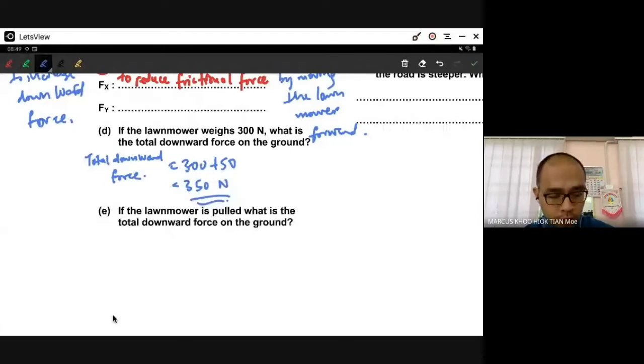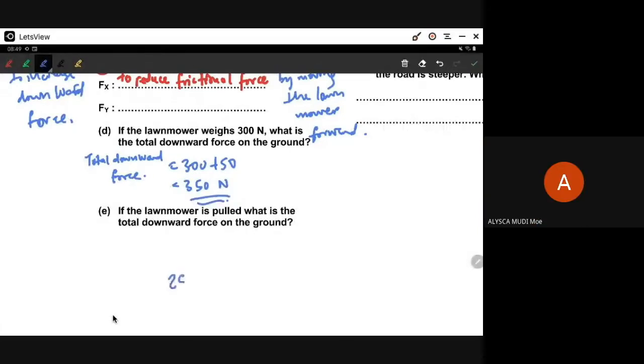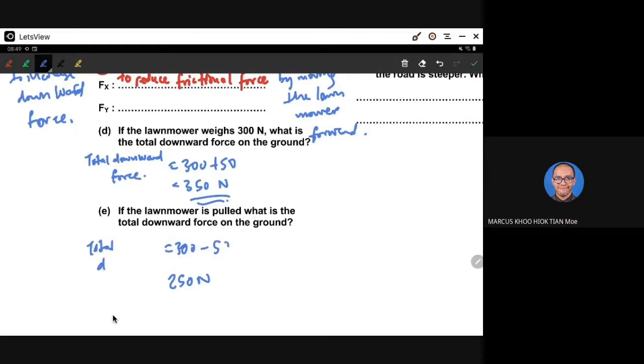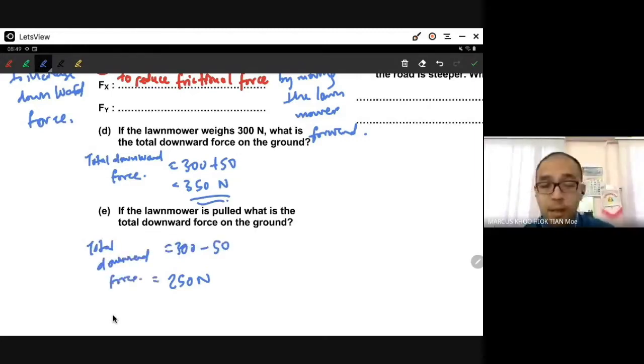How do you get 250? 300 minus 50. Okay, 300 minus 50, because the force is now in a different direction. So it's 250 newtons on the ground, which is not very good.